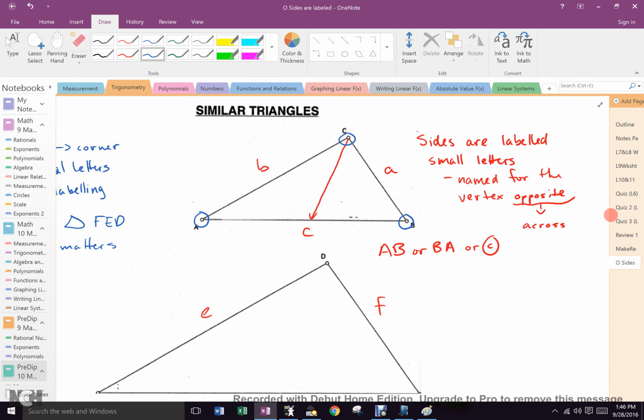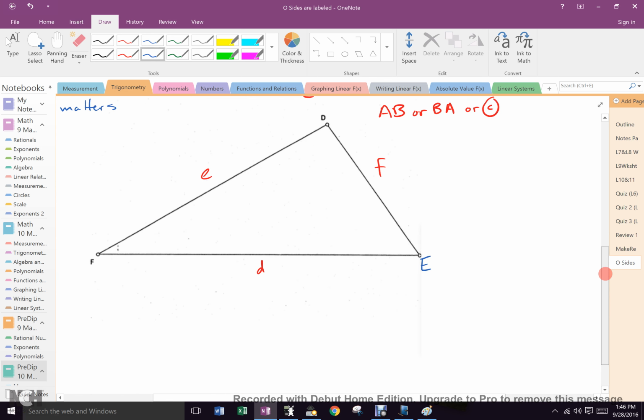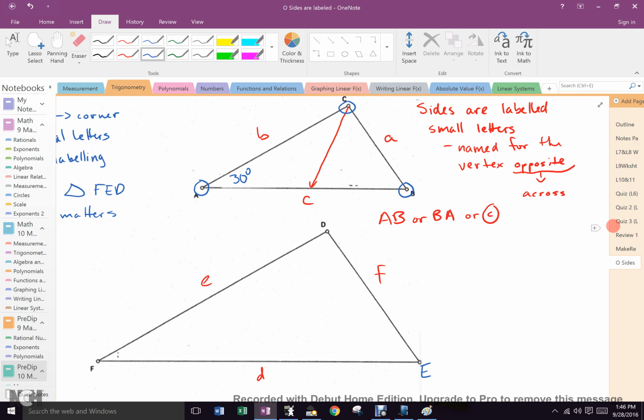Anyway, you don't have a protractor, so I am going to measure for you. Of course, you all know how to use a protractor. Angle A is 30 degrees, right? Now, because angle A is 30 degrees, and we already know that all the ratios are the same, that automatically makes angle F what? 30 degrees.